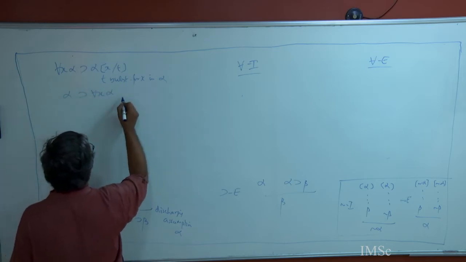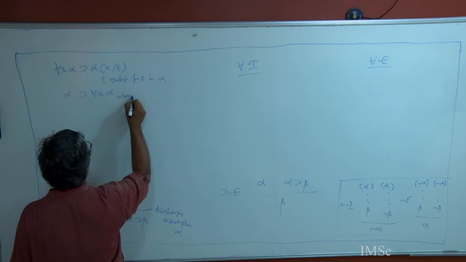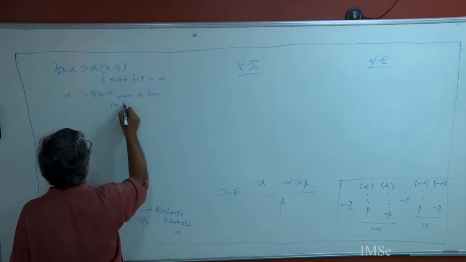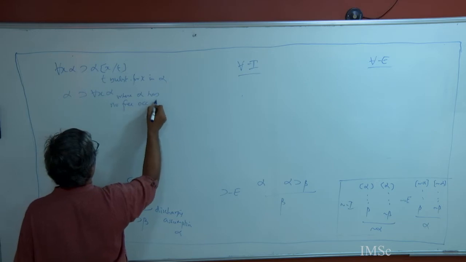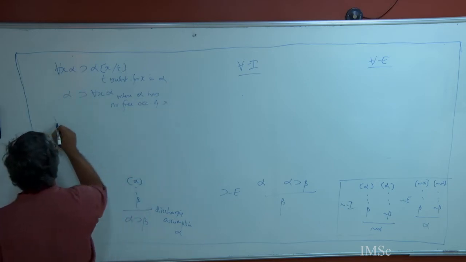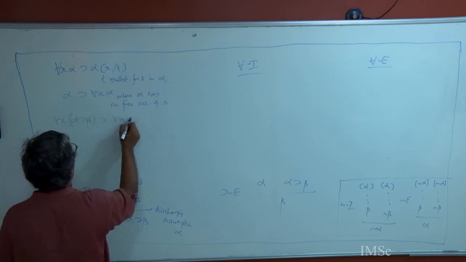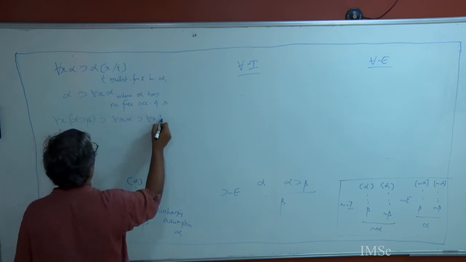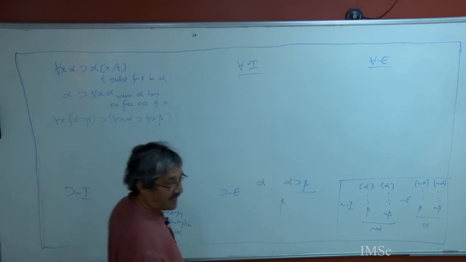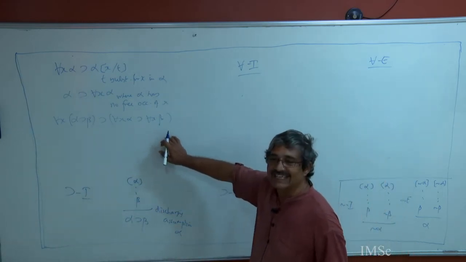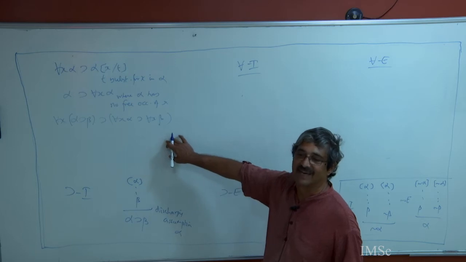Alpha implies for all x alpha, where alpha has no free x. And now the third one is really a thing with the Hilbert system, right?